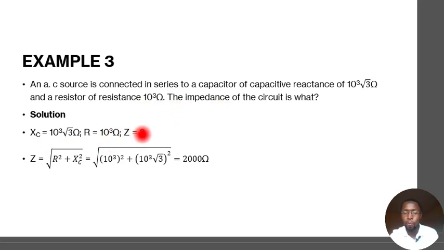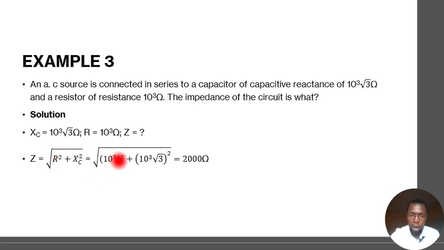So Z is unknown. To obtain impedance in this circuit, Z will be equal to the square root of the square of resistance plus the square of capacitive reactance. Resistance is 10 to the power 3, so we substitute the value of R into this formula.